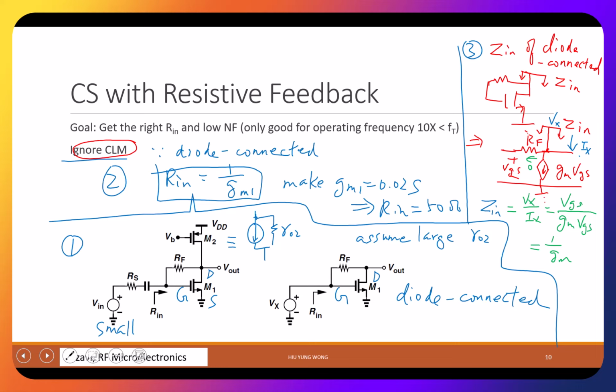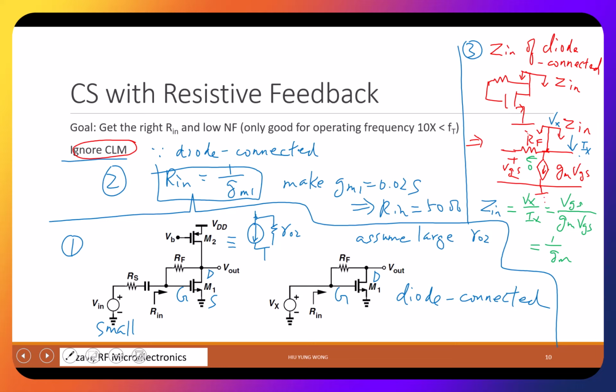Right? Of course, there are many details. 1 over gm parallel ro if you have channel length modulation. You can say many things if you have body effect. Fine. But no one requires you to memorize this. This is the feeling you show people. You have this intuition that other people do not have. Okay? So 1 over gm.